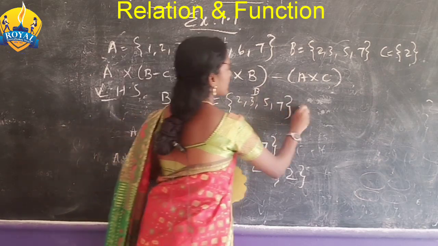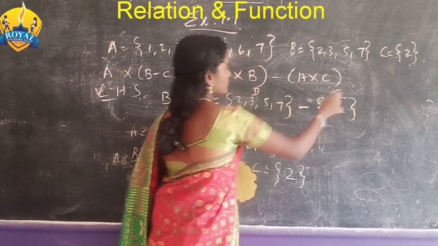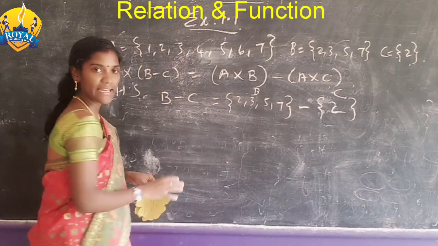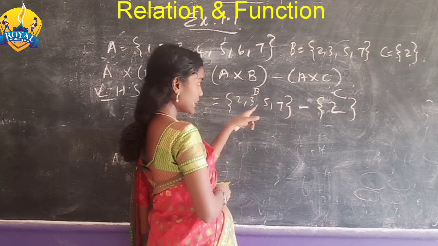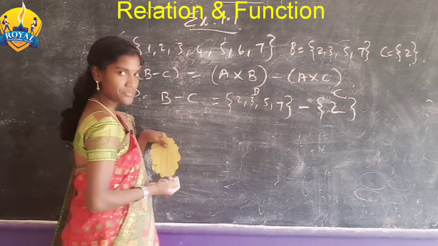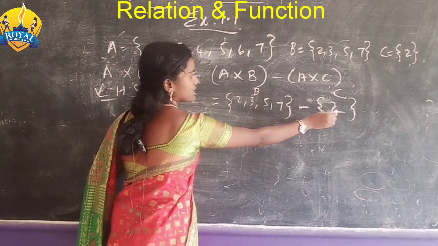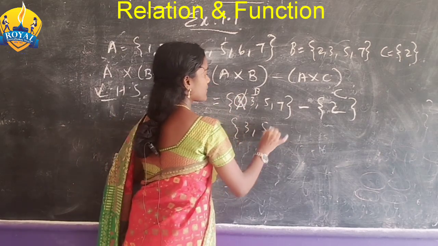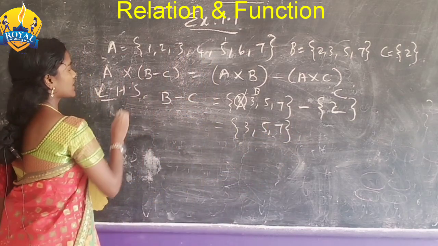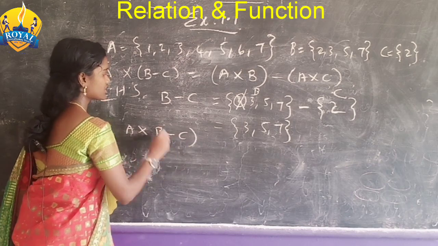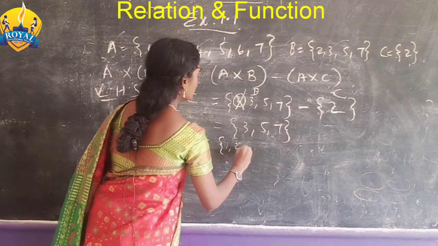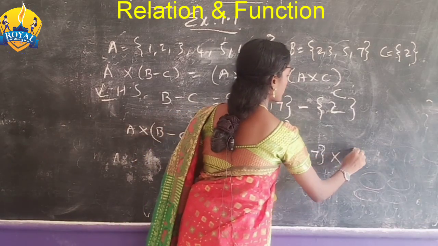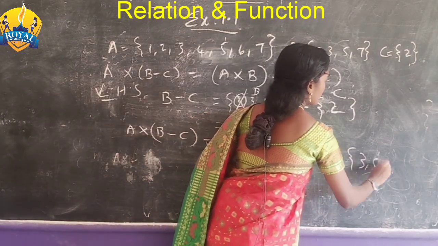Right? Now A cross (B difference C): in group A there is 1, 2, 3, 4, 5, 6, 7, and in B difference C there is 3, 5, 7.